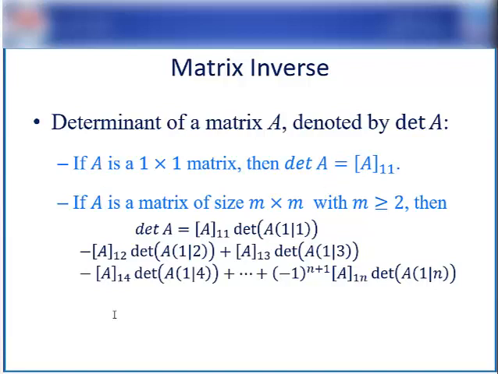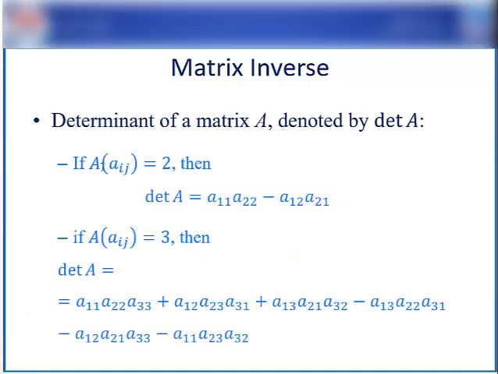If A is a matrix of size m by m, where m is greater than or equal to 1, we can calculate the determinant recursively by taking submatrices of this matrix. For example, if the size of the matrix is 2, then the determinant is defined by this formula. If 3, then the determinant is defined by this formula, and so on.